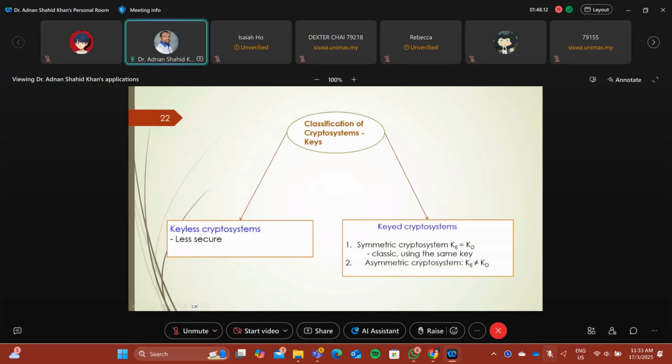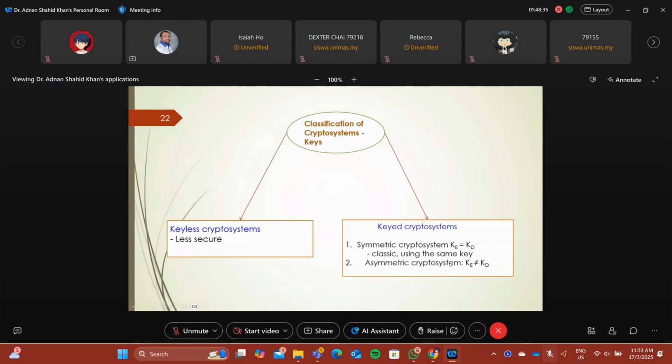We have a classification of crypto system keys. Some algorithms are keyless crypto systems, which are less secure. Sometimes we have keyed crypto systems. We have two different types. Symmetric crypto systems, where encryption and decryption keys are the same, use the same key.